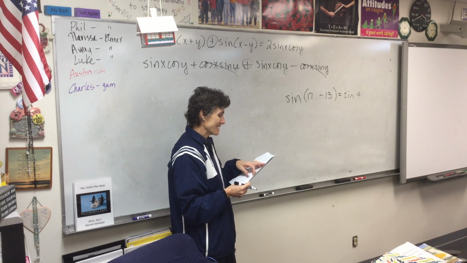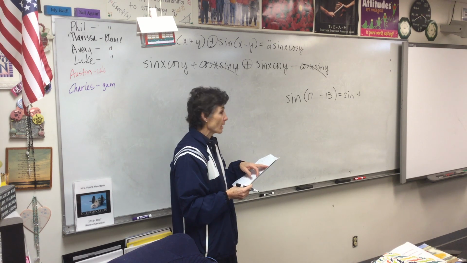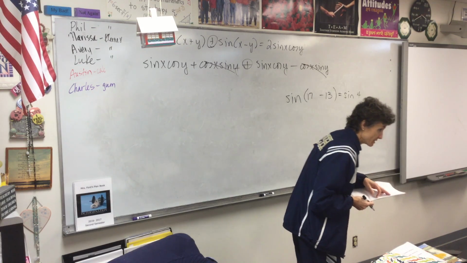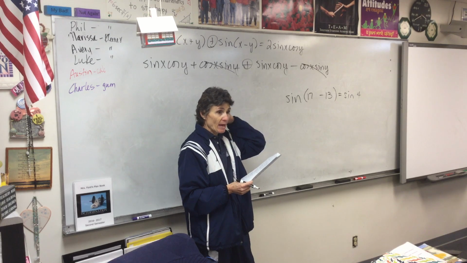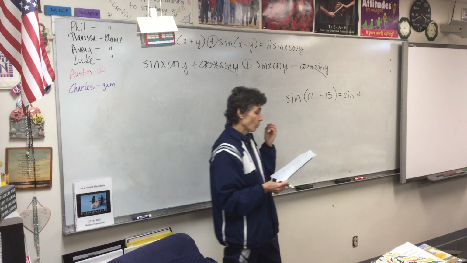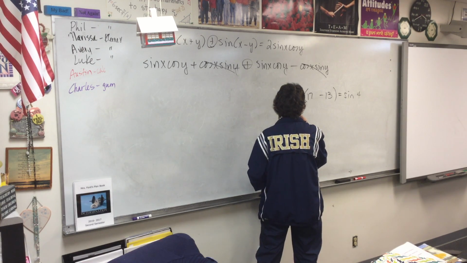Cosine squared minus sine squared. 1. No, not 1. What would be 1? Cosine squared plus sine squared is 1. Okay? Ooh, gotta remember that. Cosine squared plus sine squared is 1. This is minus. What's cosine squared minus sine squared? Look on the back of your sheet.